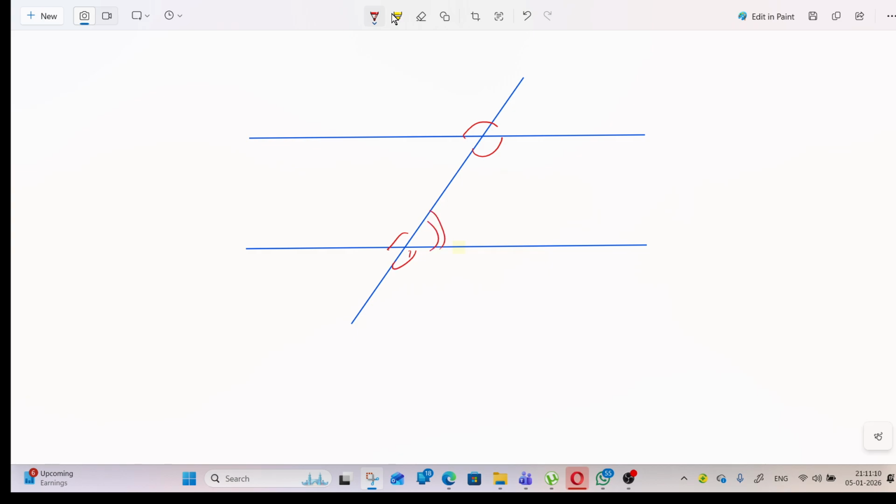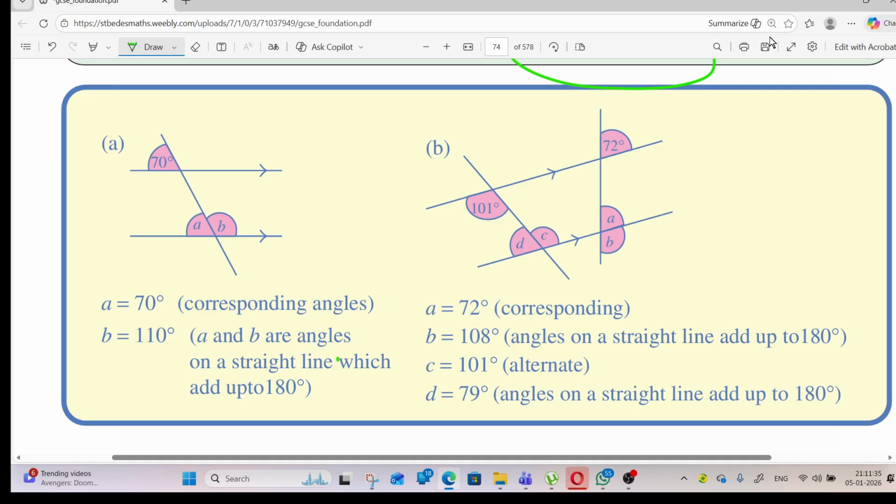Similarly, these two angles are equal to this. And these two angles are called consecutive or co-interior angles, and they add up to 180 degrees. If this is x and this is y, x plus y is 180 degrees. Suppose this is 80, so this would be 100, because 100 plus 80 is 180, right?